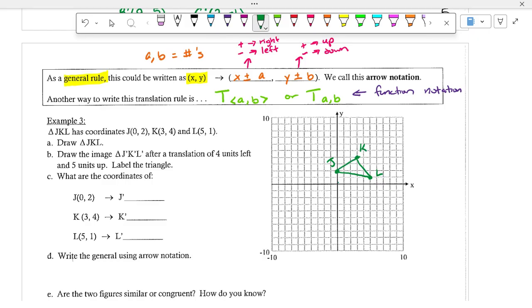Right, there's our triangle. They then want us to find J K L prime by doing a translation of 4 units left, 5 units up.